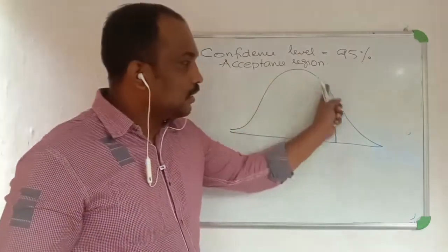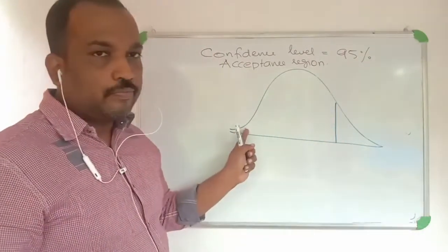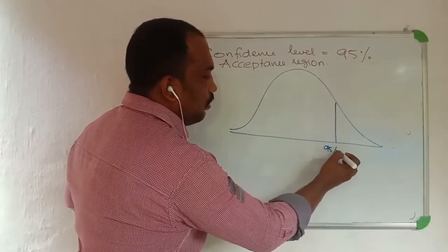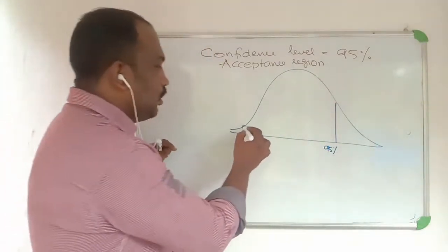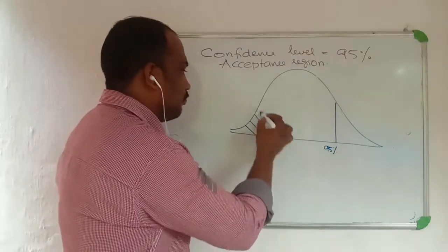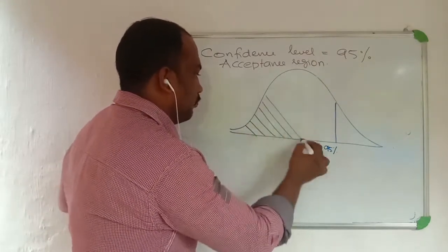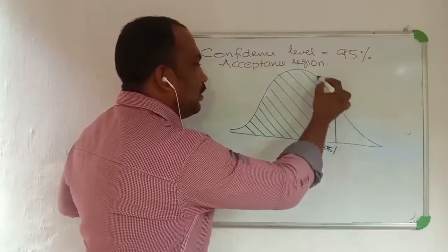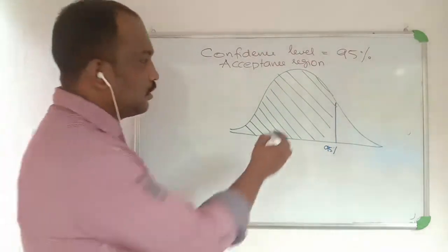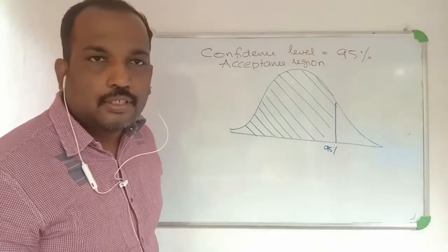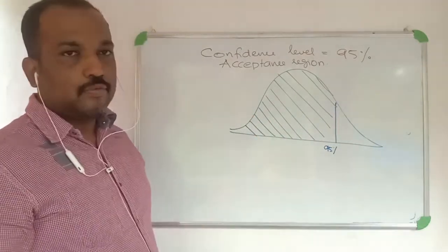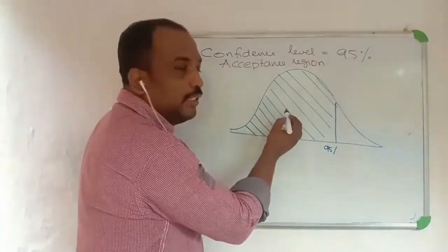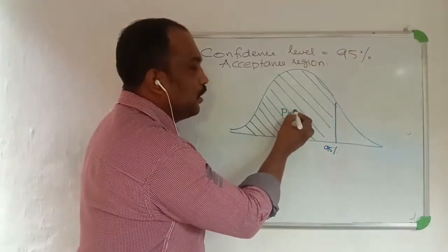Suppose this line represents 95%. This full region is the confidence region, which gives you 95%, or in decimals 0.95.